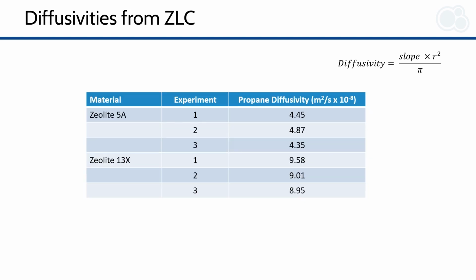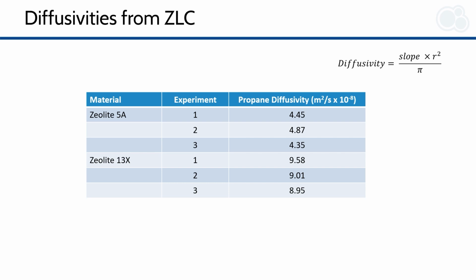And moving on to our diffusivities, shown here are diffusivities of zeolite 5A and zeolite 13X for the diffusivity of propane in these two materials. The diffusivity of zeolite 5A is roughly somewhere between 4.4 and 4.9 meters squared per second times 10 to the minus 8, versus 13X, which is roughly double the diffusivity that was measured for zeolite 5A.